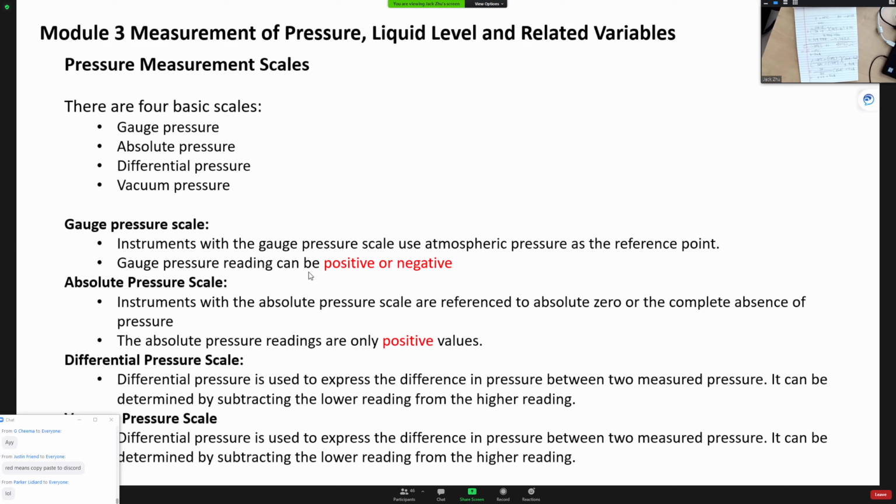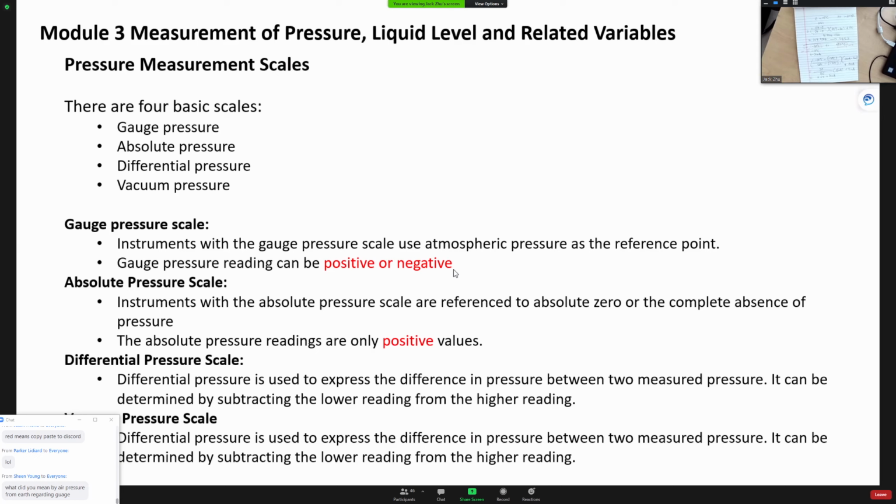So the gauge pressure can be either positive or negative numbers.